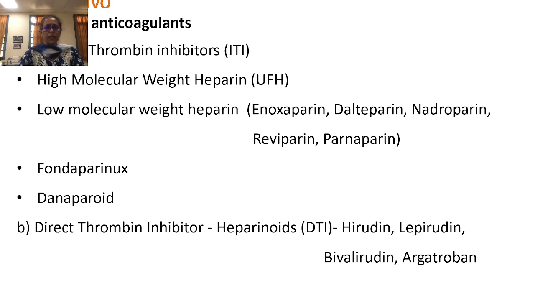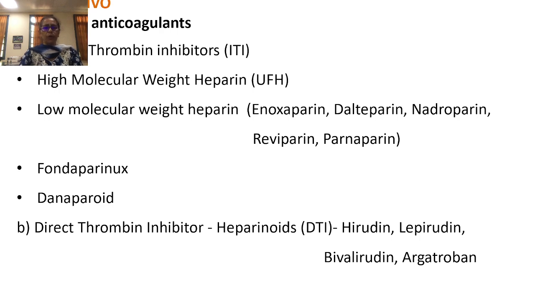The in vivo anticoagulants used are further divided into parenteral and enteral anticoagulants. Parenteral, which are given intravenously or subcutaneously, include indirect thrombin inhibitors and direct thrombin inhibitors. Indirect thrombin inhibitors include high molecular weight heparin.